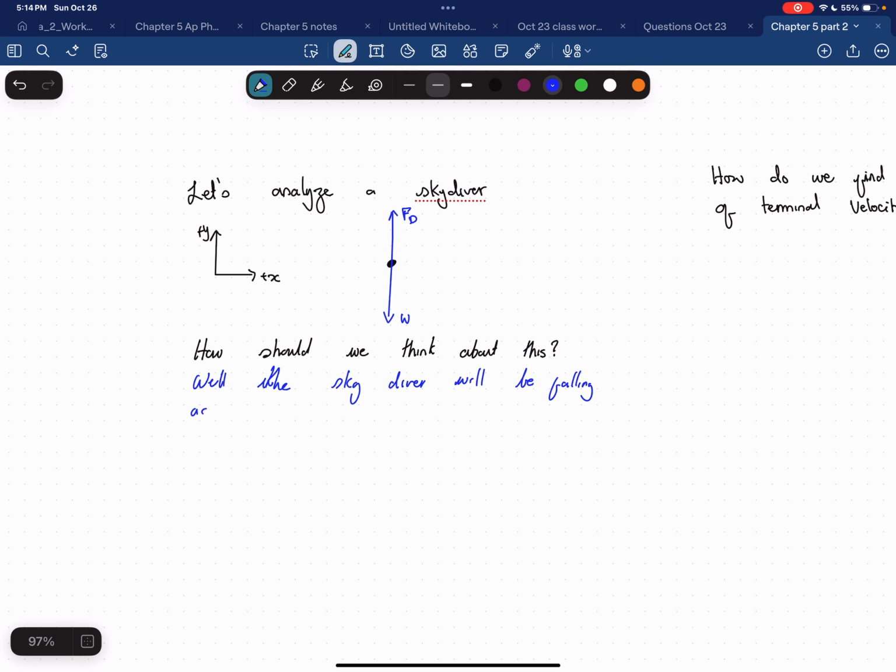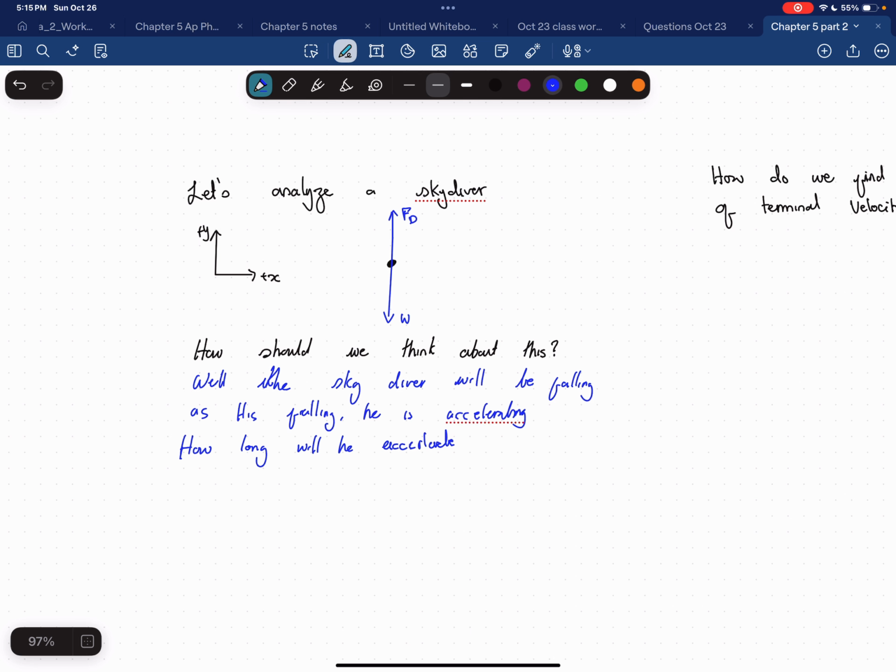But as he's falling, he is accelerating. We know he's accelerating at 9.8. But the real question is: how long will he accelerate for? Or at least until when will he accelerate?